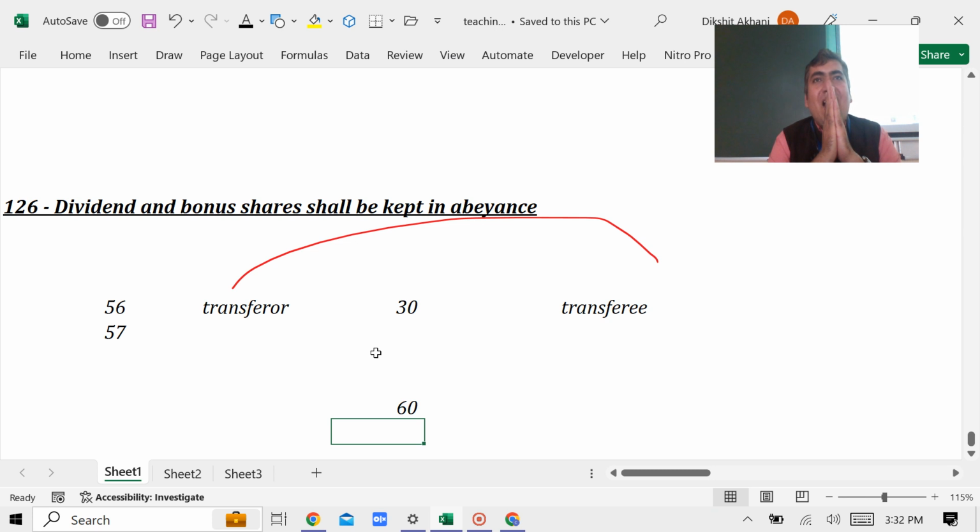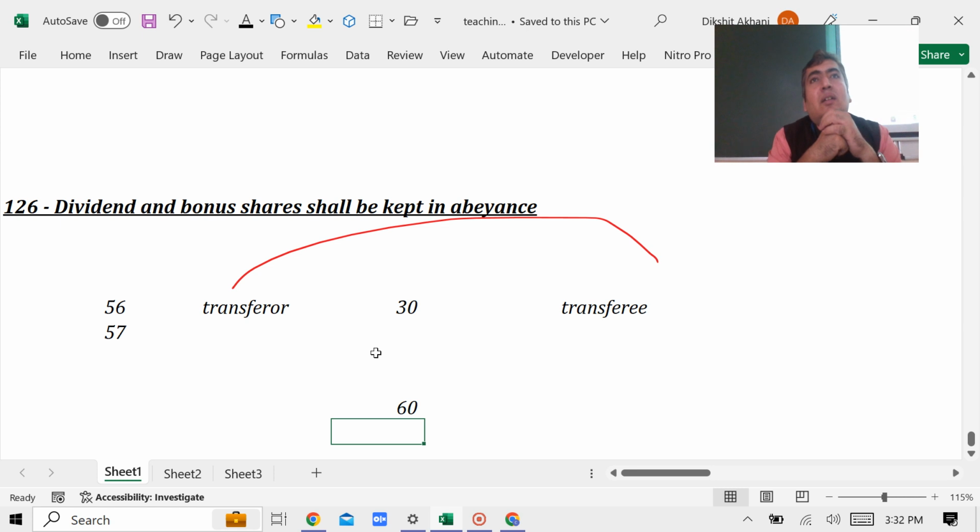Contract is already made between transferor and transferee, but company has not approved it. If you are giving the shares to transferor and later on company approves the shares, then transferee can complain: no, already application was pending, but I was the reserving candidate. Why did you give the dividend to transferor? Assume it is given to transferee.